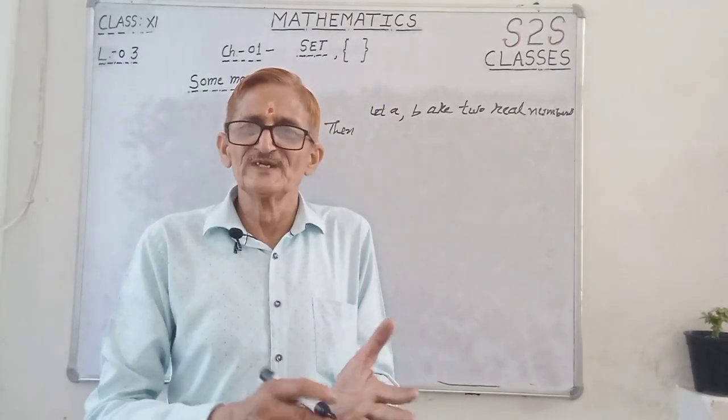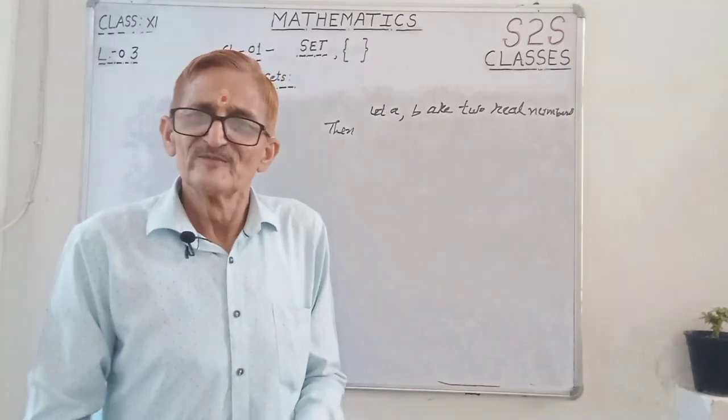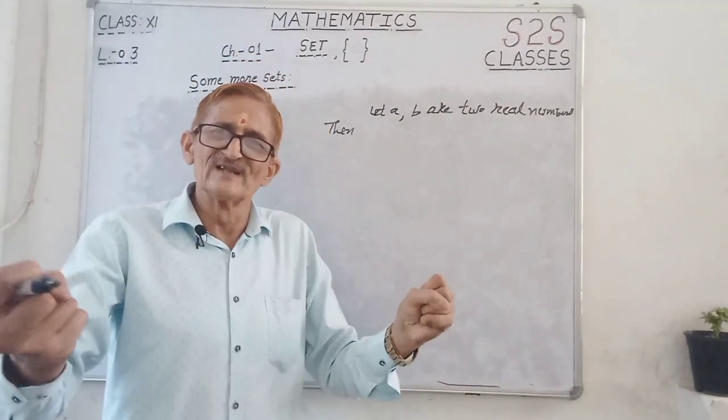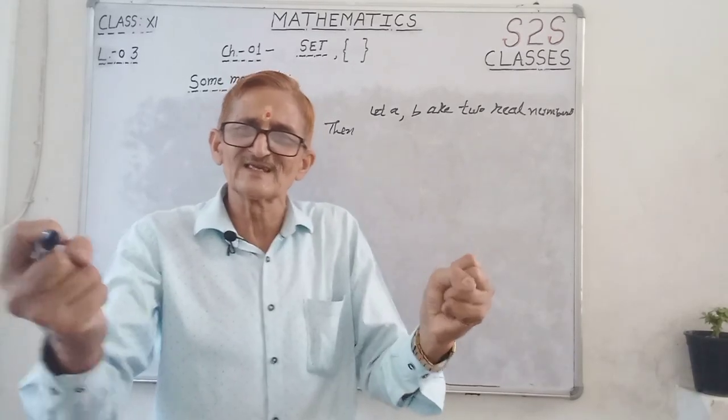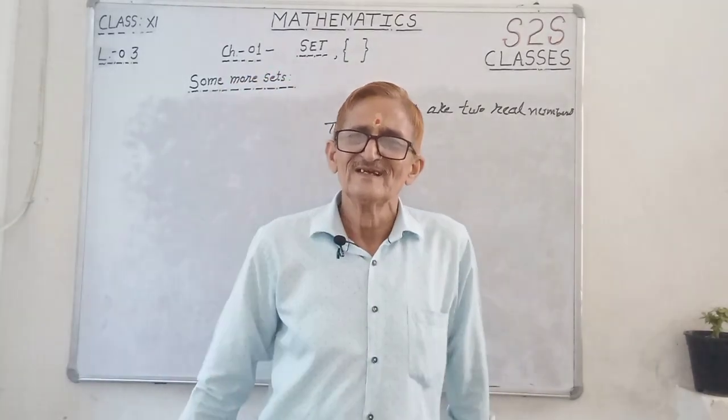You can write 2, 3, 4, 5, 6, 7, 8, 9. But between two integers or two real numbers, there are many real numbers. Between two integers, there are infinitely many real numbers.